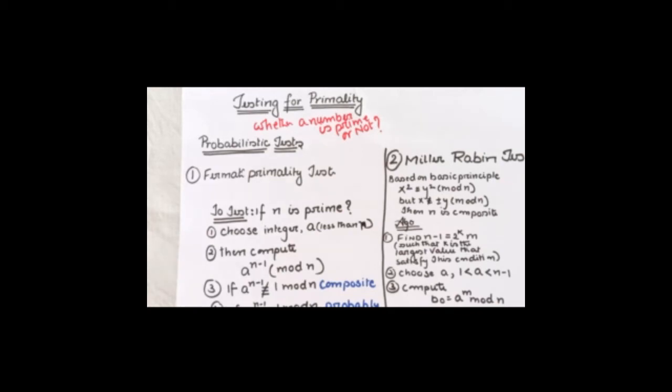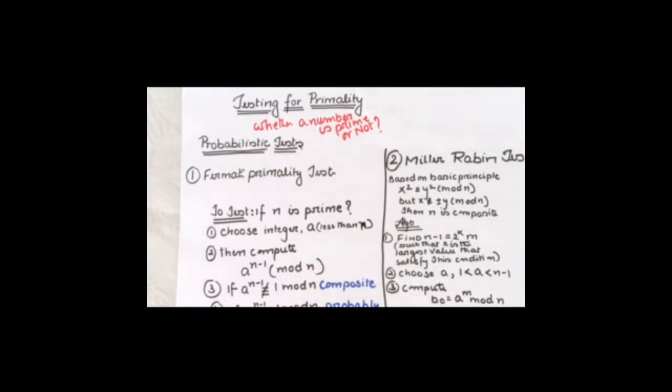If the probabilistic test is not used, what we do is we make a large sample space of random numbers that are for sure prime. But if you do not want to pick numbers from the sample space and you want to make sure whether another number is prime, there are probabilistic tests for deciding that.